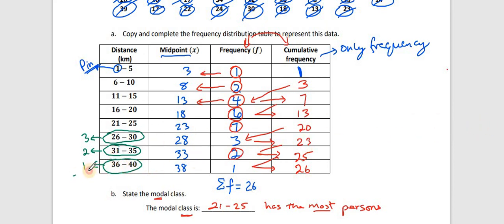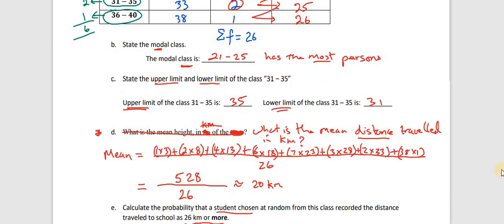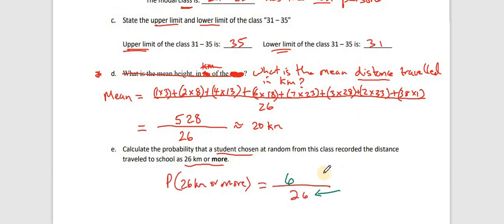So we have a total of 3, 5, 6 students. So 6 out of 26 students recorded a distance of 26 kilometers or more.